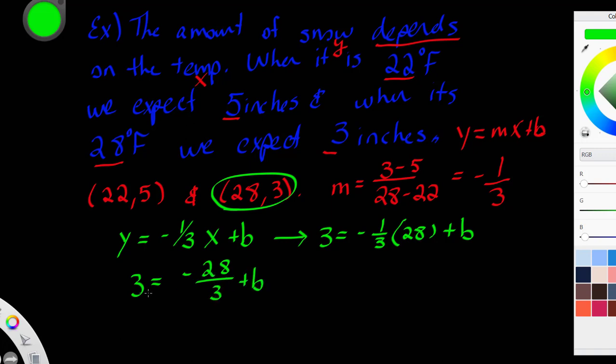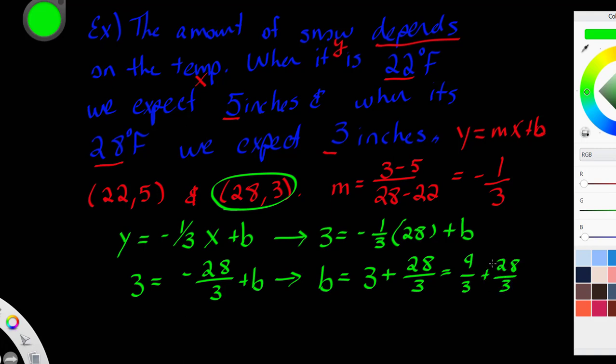When we add the 28/3 to both sides, that's going to give us that b equals 3 plus 28/3. Now if it's been a while since you've added fractions, you need to rewrite the 3 so it has 3 as a common denominator. So that would be 9 over 3 plus 28 over 3.